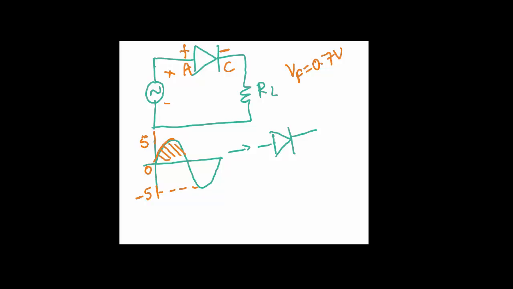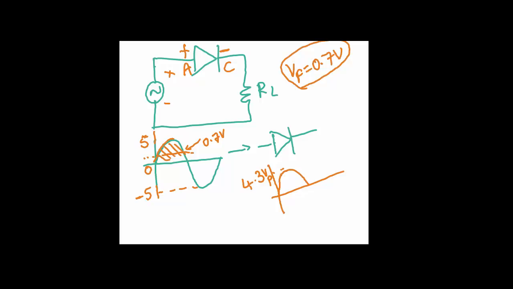The diode starts conducting above 0.7 volts. As soon as it hits the 0.7 volt barrier, you see the positive half cycle from 0.7 volts to 4.3 volts, meaning the voltage across that load resistor is only 4.3 volts peak. That's the maximum voltage you can get after removing the 0.7 volts of the forward biased diode voltage drop.